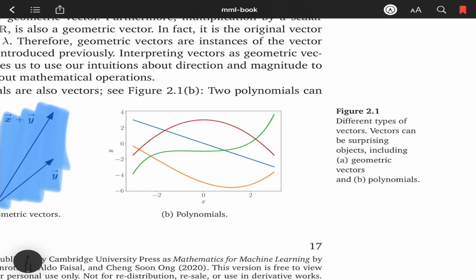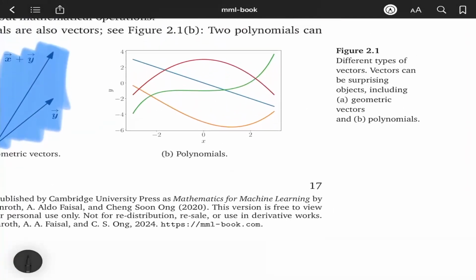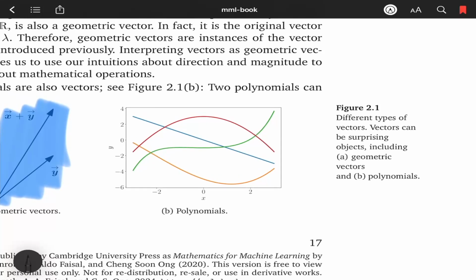I'm not sure if they are in any kind of relationship to each other, but we can assume something like, let's take red and blue, and we can add them together to get basically a new line.